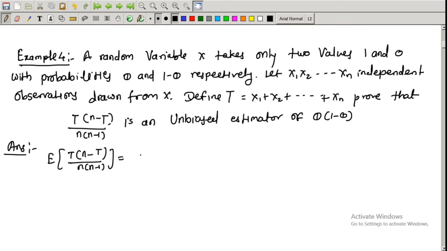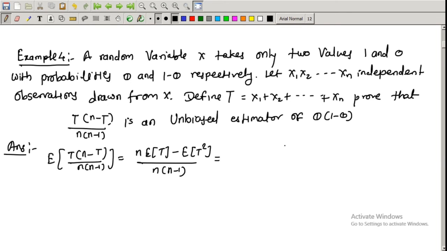So which is equal to n times expected value of t minus expected value of t square, divided by n into n minus 1. Only I take expectation inside and product.